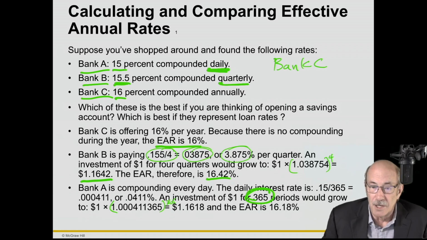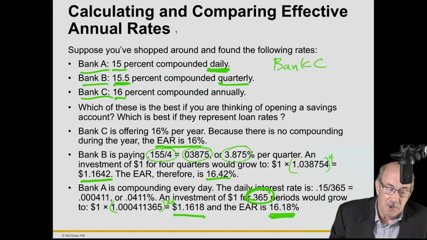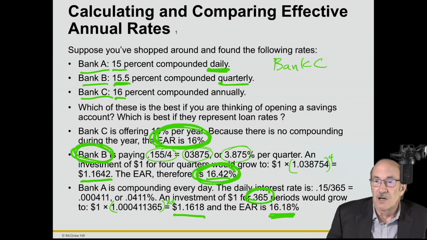So 4/100ths of a percent. 4 basis points would be another way of saying that, or actually 4.11 basis points. Nonetheless, when we do the math, that adds up to 1.1618, or 16.18%. So if we were lending, I would always pick Bank B because that has the highest EAR. If we were borrowing, I would want to go to Bank C because that has the lowest EAR.